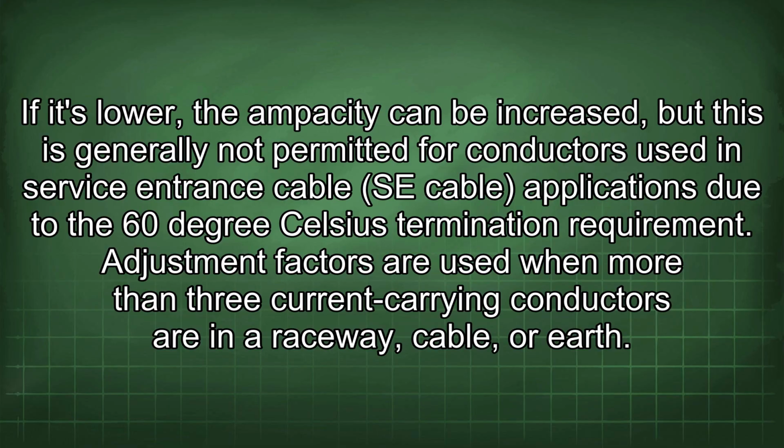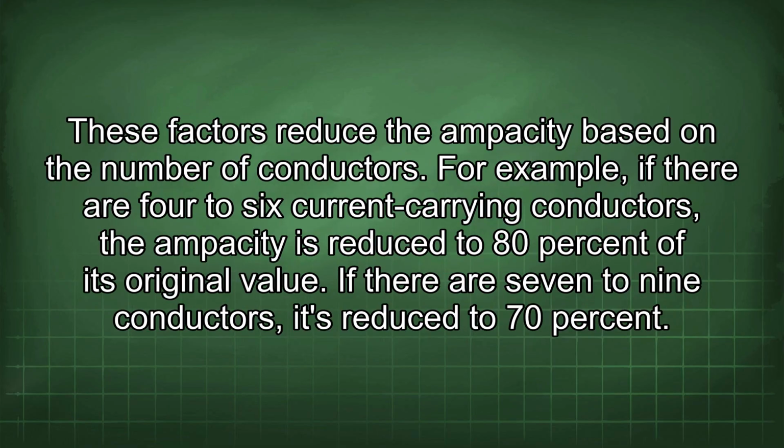Adjustment factors are used when more than 3 current-carrying conductors are in a raceway, cable, or earth. These factors reduce the ampacity based on the number of conductors. For example, if there are 4 to 6 current-carrying conductors, the ampacity is reduced to 80% of its original value. If there are 7 to 9 conductors, it's reduced to 70%.